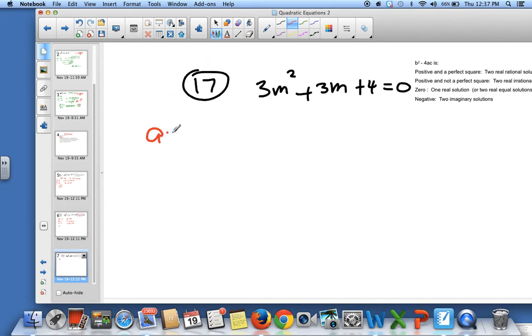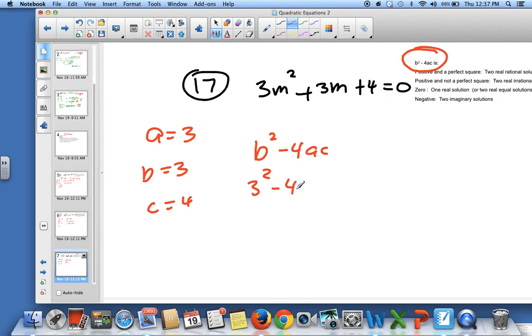Okay, and then the next problem, the last one I think we're going to do, we're going to say A equals 3, B equals 3, C equals 4. So b squared minus 4ac. All we're looking for is that. So that's going to be 3 squared minus 4 times 3 times 4, which is 9 minus 12 times 4, minus 48, which is negative 39.